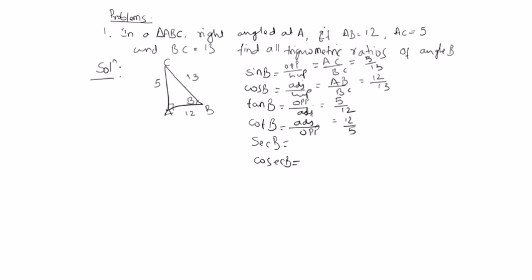Secant will be 1 by cos, or we can write hypotenuse by adjacent side. So this is equal to 13 by 12. Cosecant will be hypotenuse by opposite side, which is equal to 13 by 5. So in this manner we can find the ratios of the triangle.